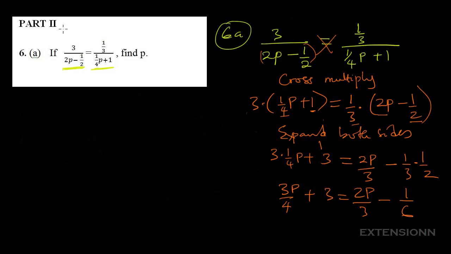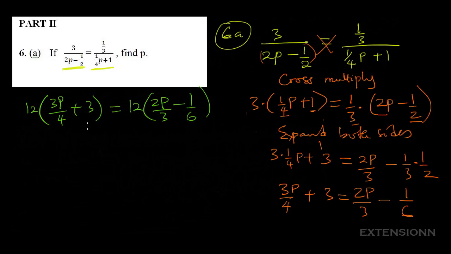By the time we clean this off, we multiply the left hand side of the equation and the right hand side of the equation by the LCM. So you have 12 into bracket 3p all over 4 plus 3 equals 12 into bracket 2p all over 3 minus 1 over 6. So we expand both sides.